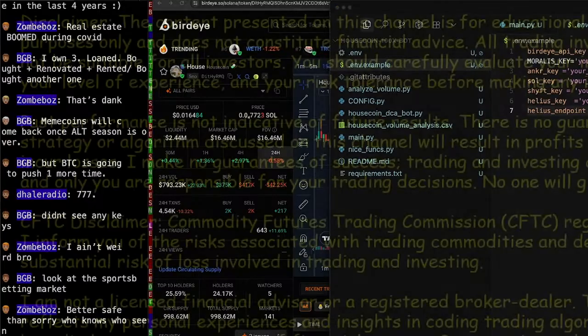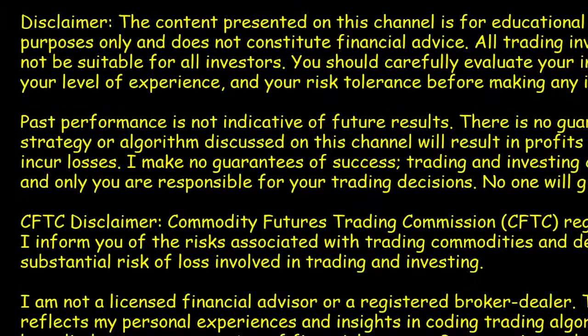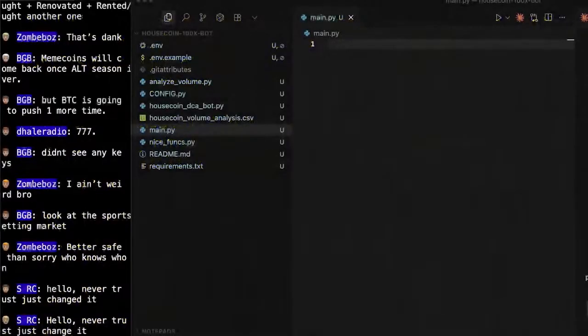Let me flip out my new key here for Birdeye. Please read this. This is non-financial advice. There is huge bias in this bot, and I usually stay away from stuff like this. But I need to build this, and if I'm building something, I show you.